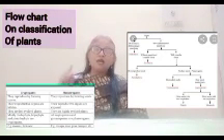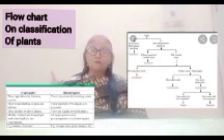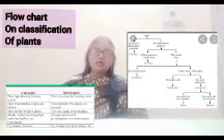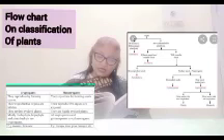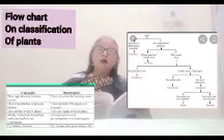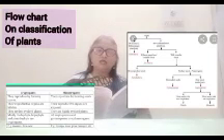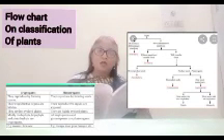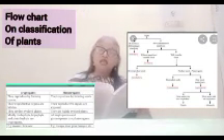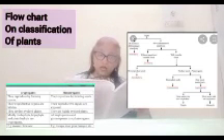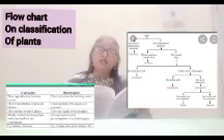Instead, they reproduce through spores. Not only that, let us see what are their specialities. The reproductive organs are inconspicuous. That means they are very small. Or we can say the reproductive organs are hidden. The embryos are naked.